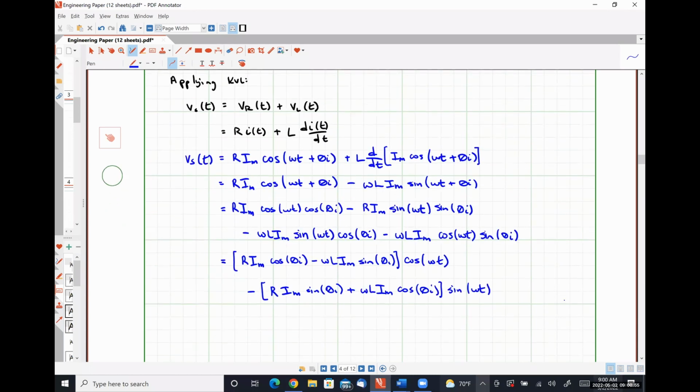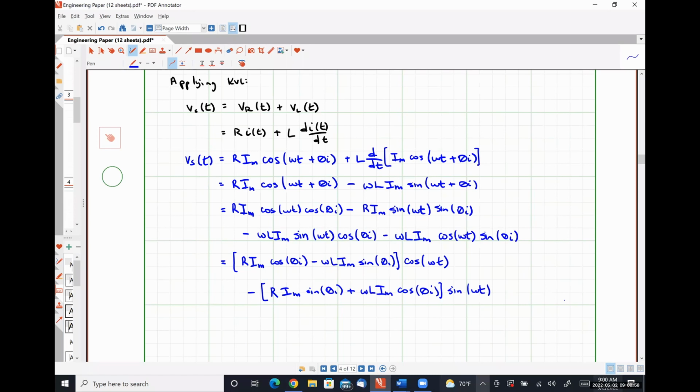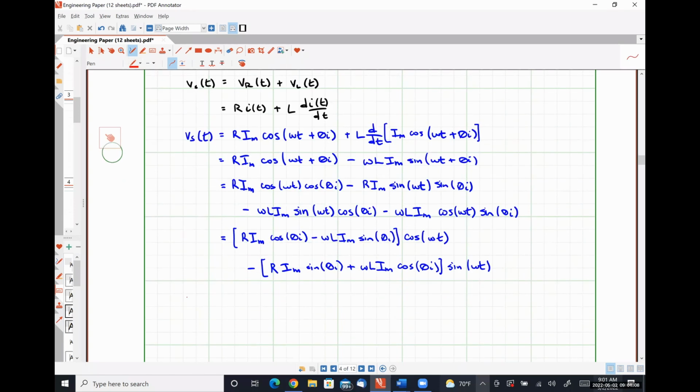So what I'm going to do here to make our life arguably a little easier is I'm going to call Im cosine theta I A1, and I'm going to call negative Im sine theta I A2.